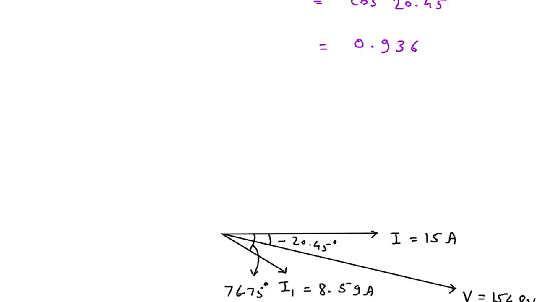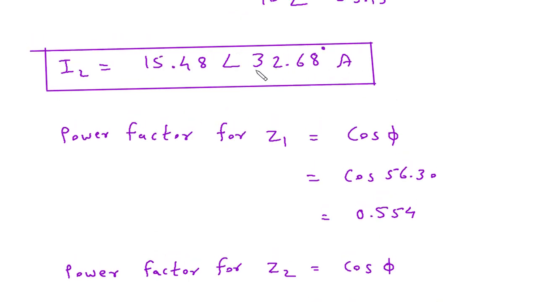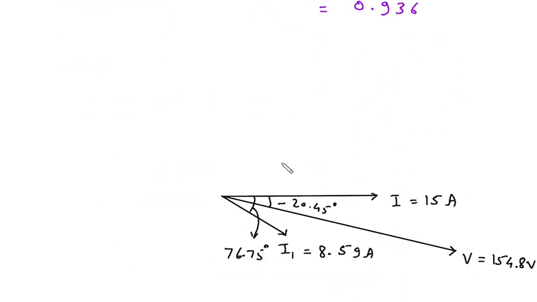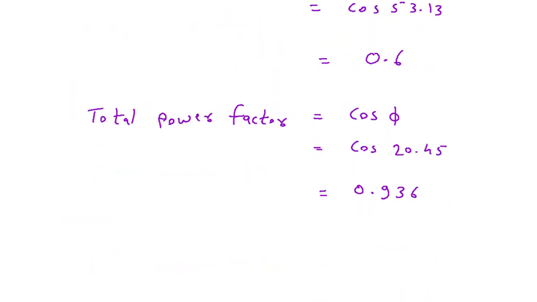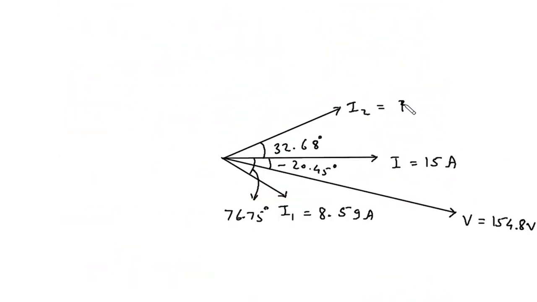Then next is I2. I2 is at positive 32.68 degree, and the value of I2 is 15.48 ampere.